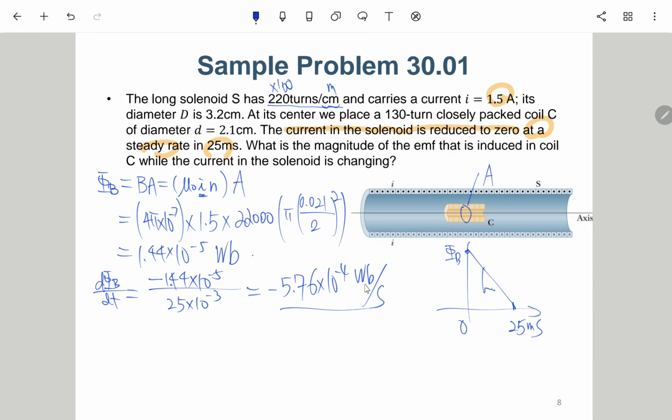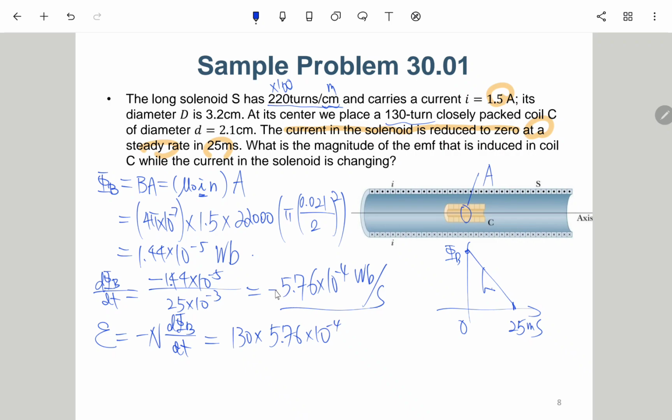Okay, so next, after we know the derivative of the magnetic flux with respect to time, we can have E equals negative N d phi B dt, which is Faraday's law. So we just need to plug in the numbers. We know there are 130 turns for the coil C, so we have 130 times 5.76 times 10 to negative 4.